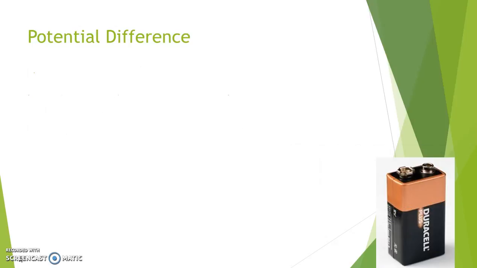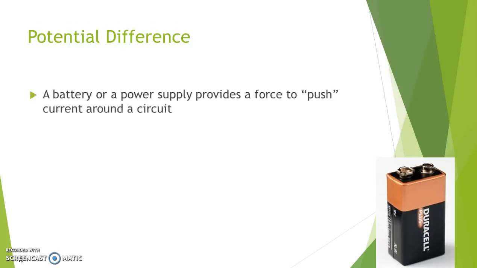Now, why does electricity move? Well, the answer is because there's a potential or a potential difference applied across a conductive material. And that's usually provided by either a power supply or a battery.